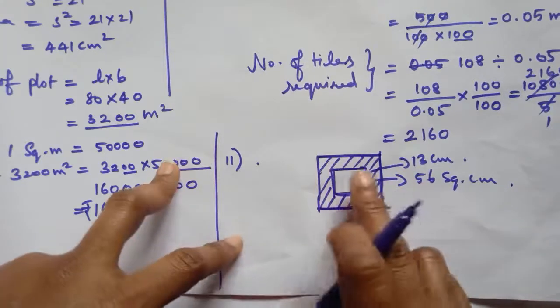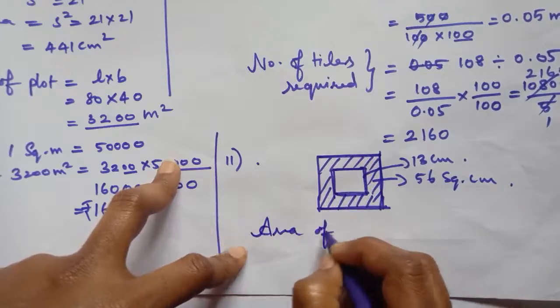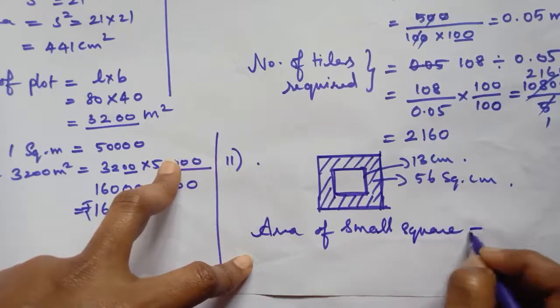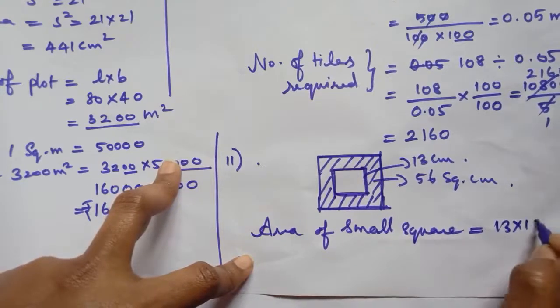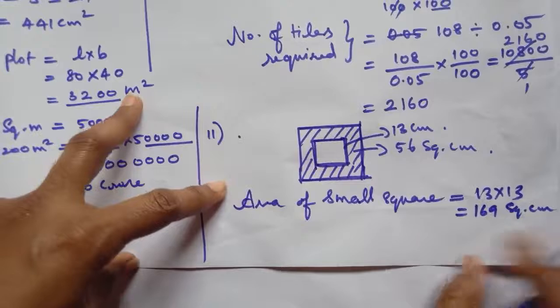Is it clear? So first, area of the small square is equal to 13 into 13, that is 169 square centimeter. Square centimeter or centimeter square, both are right, no problem.